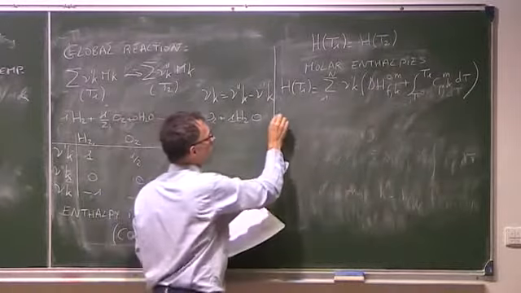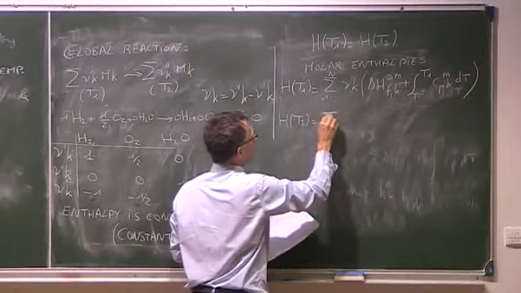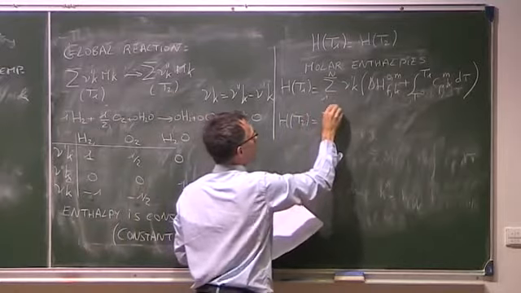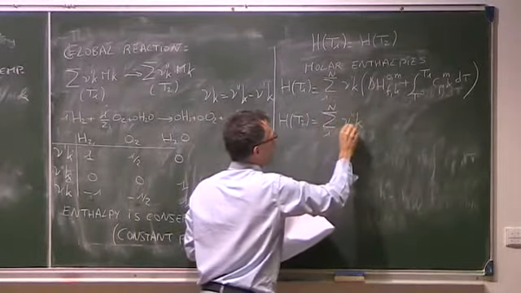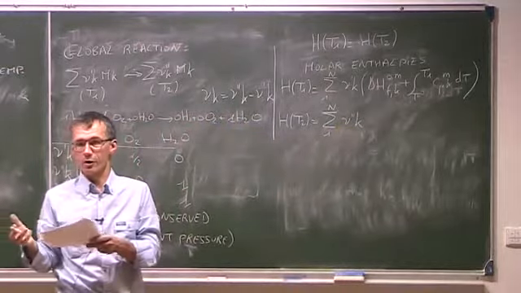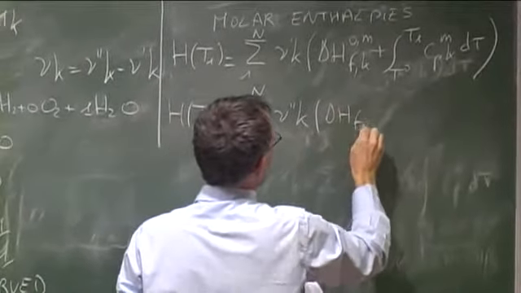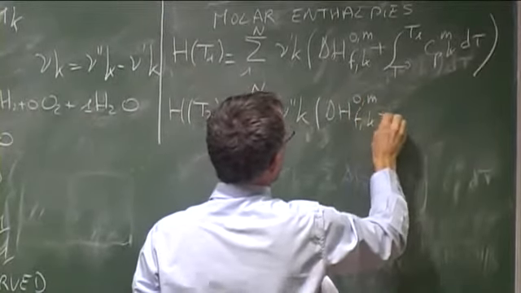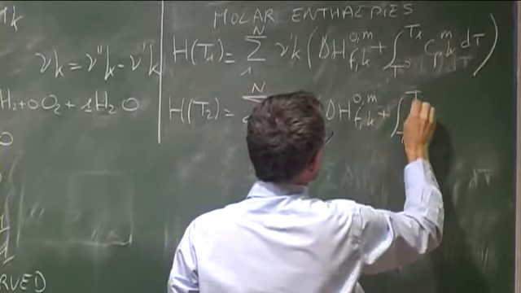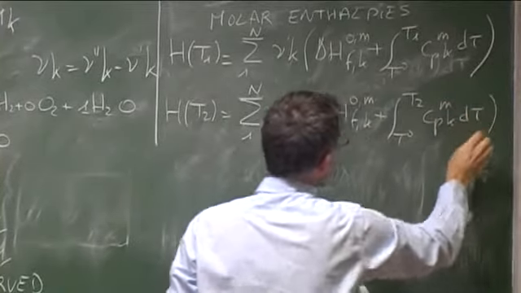And of course, the enthalpy at T2 will be the sum on all the species multiplied by nu second k, that's the number of moles we have in the products, multiplied by delta HFk 0 m plus integral of T0 to T2 CPk m dT.